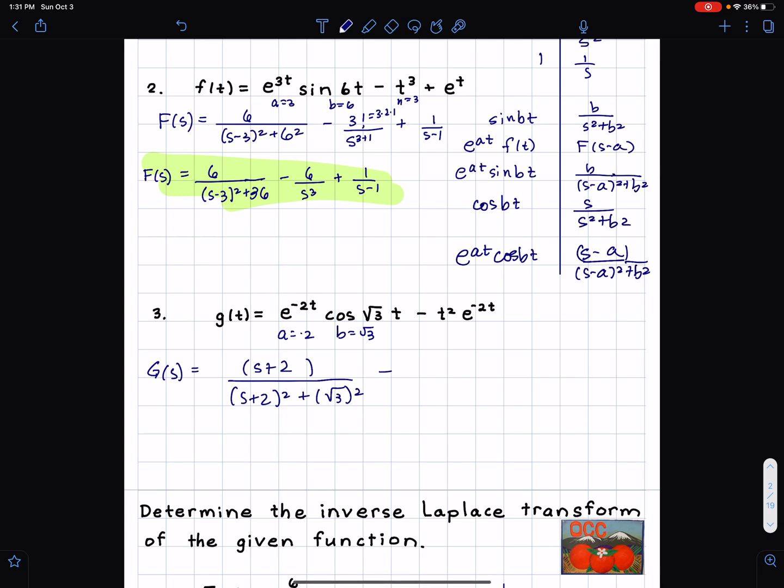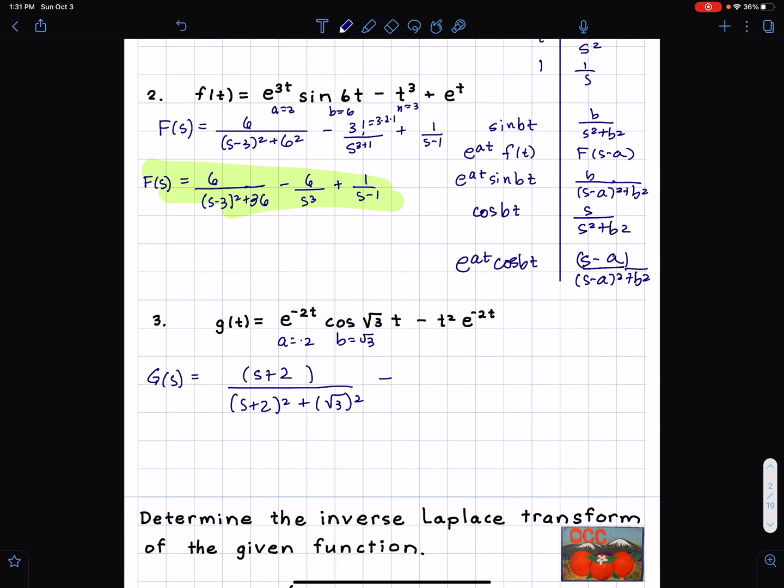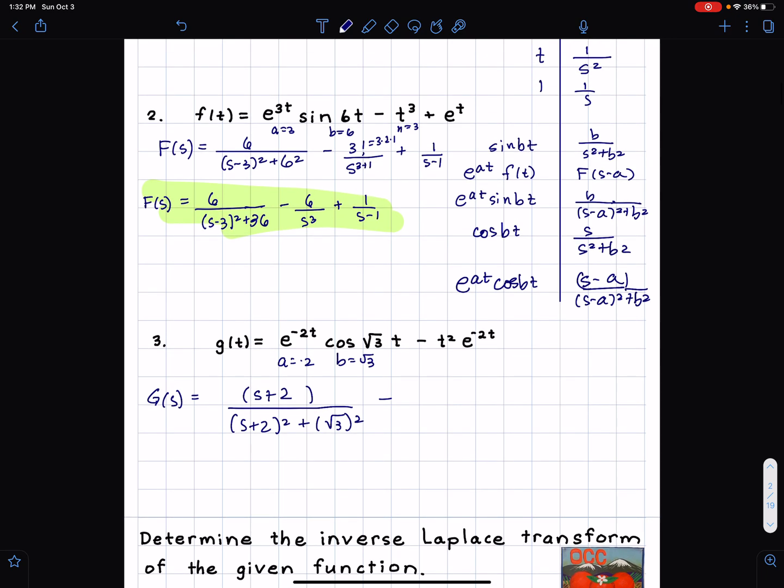And then minus, actually, we have the same idea for a shift of t squared. We said before that the Laplace transform of t squared is 2 factorial over s to the 2 plus 1, which is s cubed, and 2 factorial is just 2.